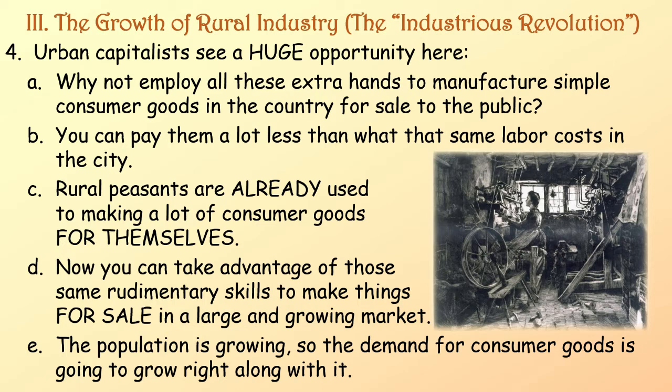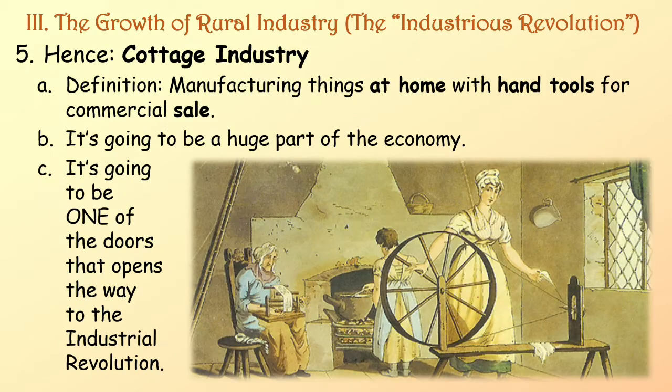Now you can take advantage of those same rudimentary skills to make things for sale in a large and growing market. The population is growing because of all the food, so the demand for consumer goods is going to grow right along with it. Hence, cottage industry.